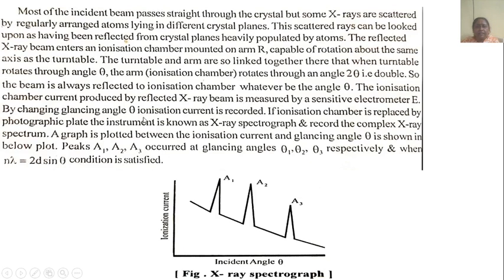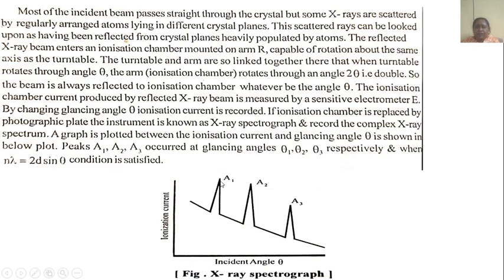By changing the glancing angle theta, the ionization current is recorded. If the ionization chamber is replaced by a photographic plate, the instrument is known as an X-ray spectrograph and records the complex X-ray spectrum. A graph is plotted with the ionization current on the y-axis and the glancing angle theta on the x-axis, as shown here.